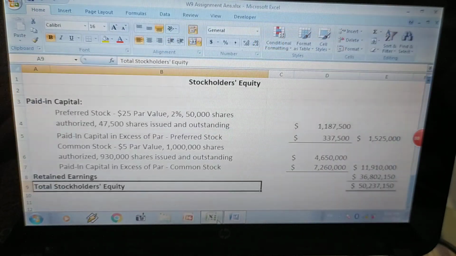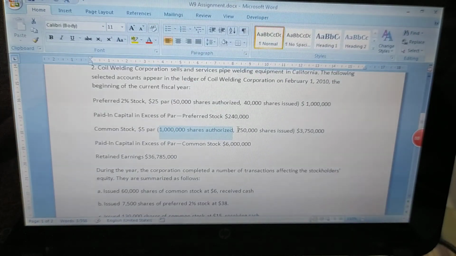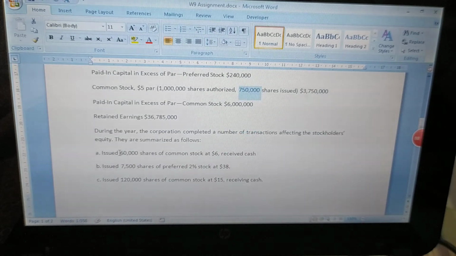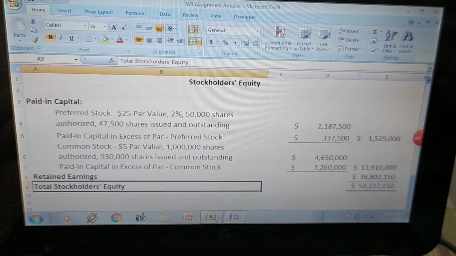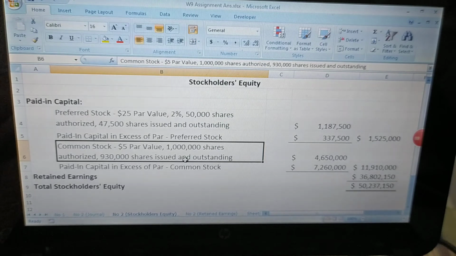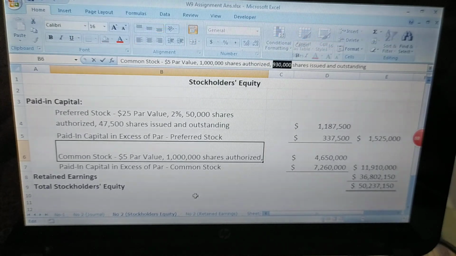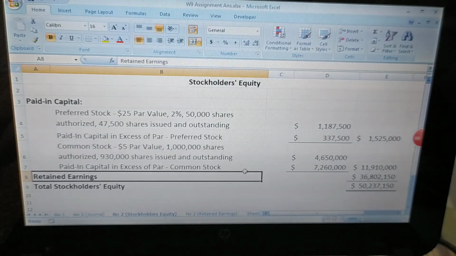And then for the shares issued and outstanding, remember to take from the data and then plus the journal entries. So 750,000 plus 60,000 plus 120,000. So we get 930,000 shares issued and outstanding.